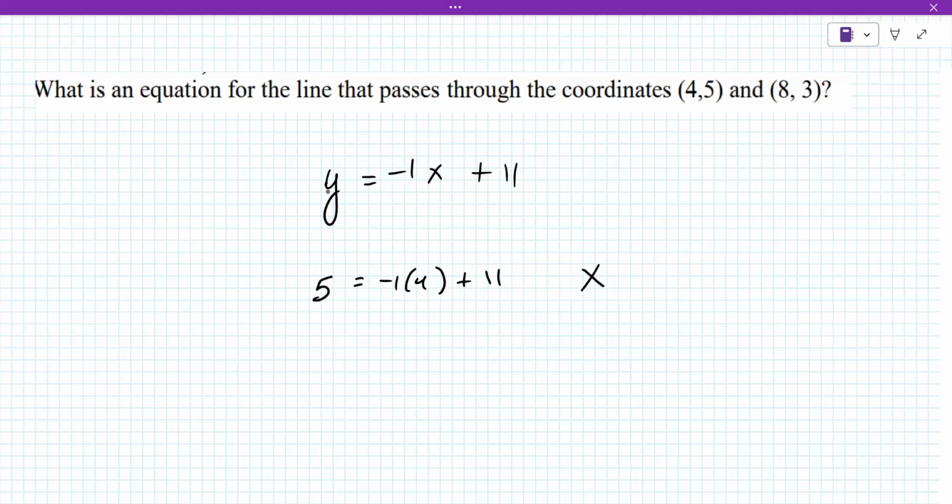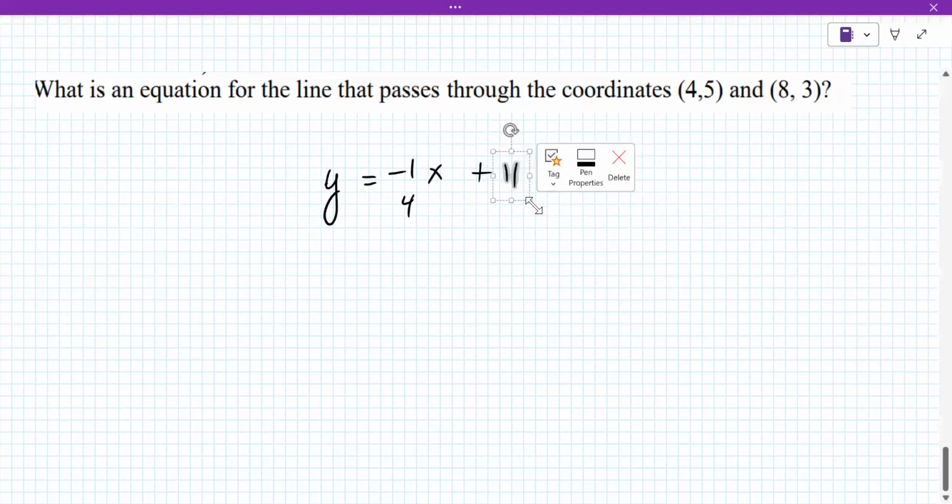Okay. 3 minus 1, 8, or negative 1/4. Negative 1/4. Plus, y equals negative 1/4 x plus 6.